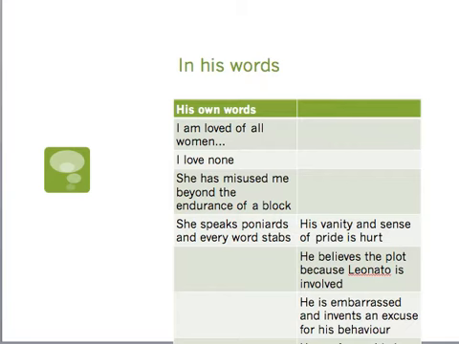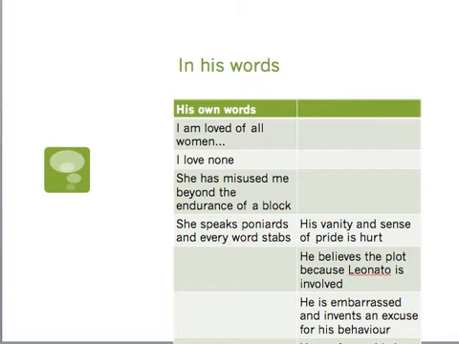In his own words, the same process takes place in the sense that we have a situation where he's very clear that he's loved of all women, only you excepted, yet he loves none, and we might begin to think what he means therefore by love. He's no doubt very happy to have a sexual relationship, but whether he loves them, something slightly different.